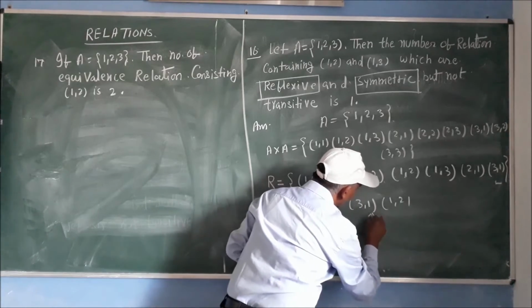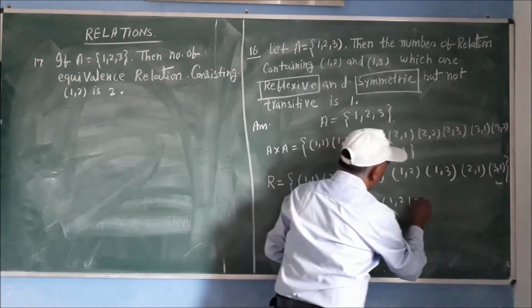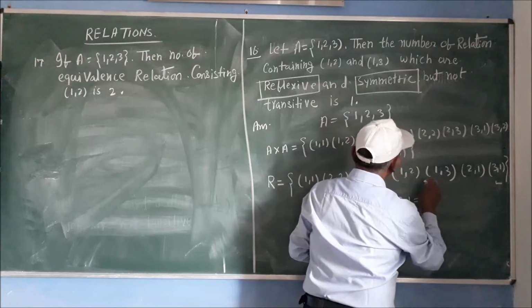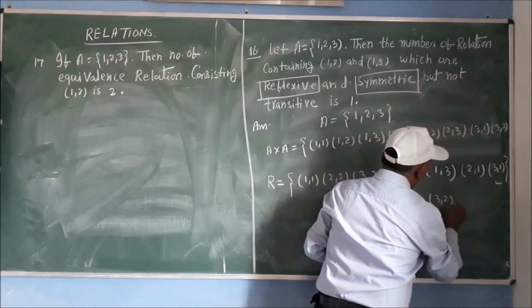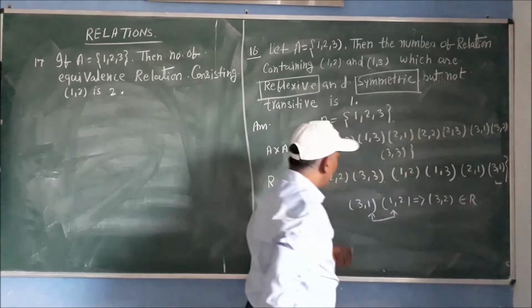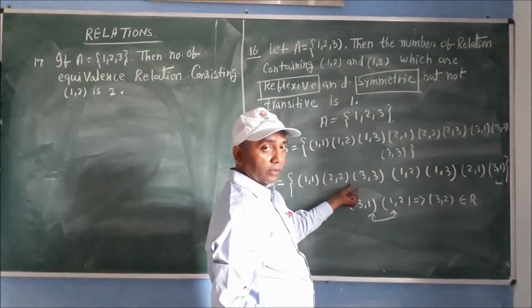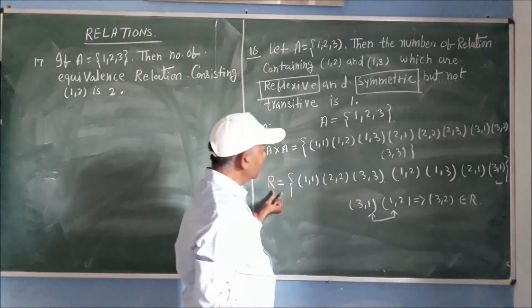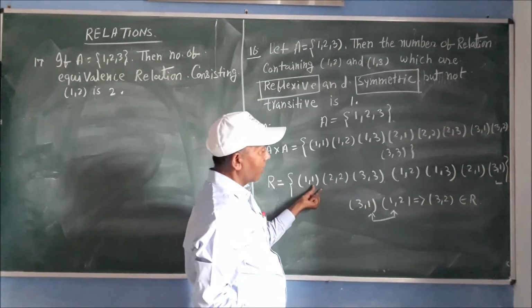Its second element is equal to its first element. That means if it is transitive, then (3, 2) must belong to R. But (3, 2) is not present in R. That means we can say that this R is not transitive.